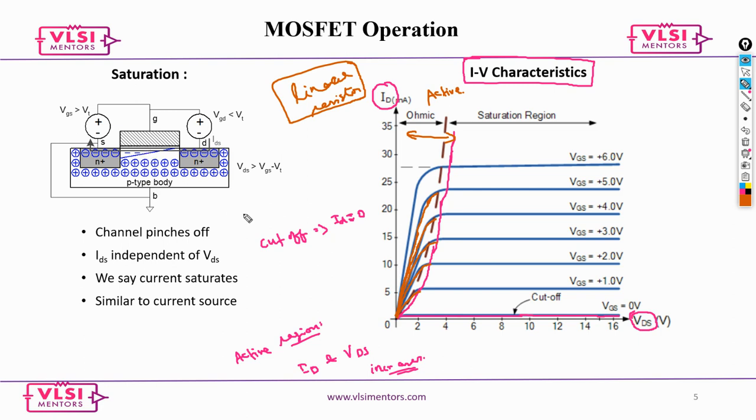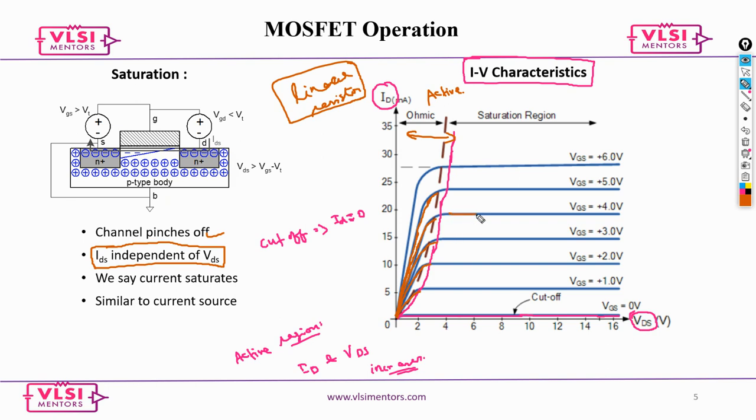The next one is saturation. Now in saturation, what is the condition? Your channel gets pinched off and then your IDS is independent of your VDS. Your ID is constant; it doesn't increase anymore.